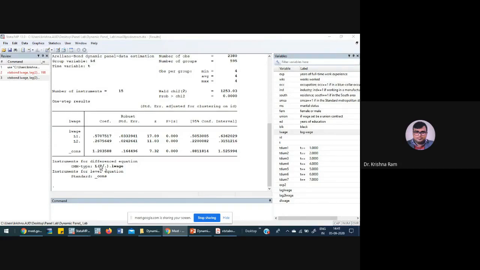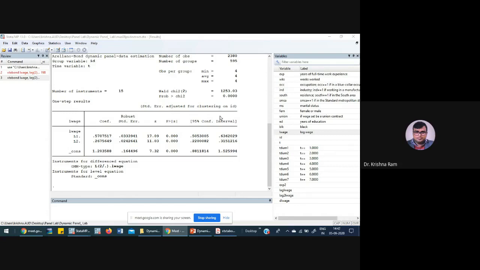The number of instruments we have already explained. If you read the bottom lines where it says GMM type L bracket 2 hyphen dot, that means this regression model has used instruments starting with y t minus 2 and so on: y t minus 2, y t minus 3, y t minus 4, y t minus 5 and so on.